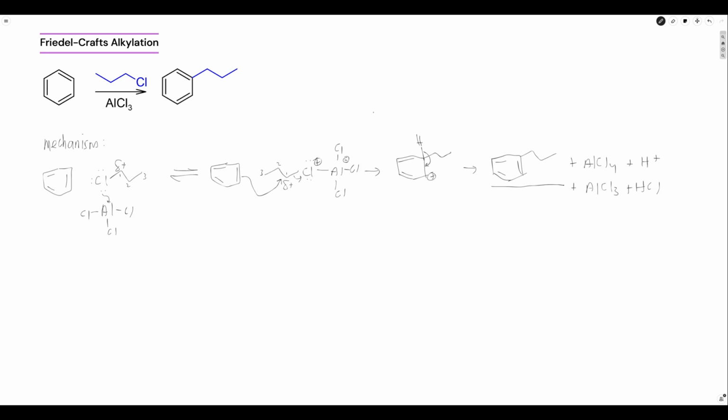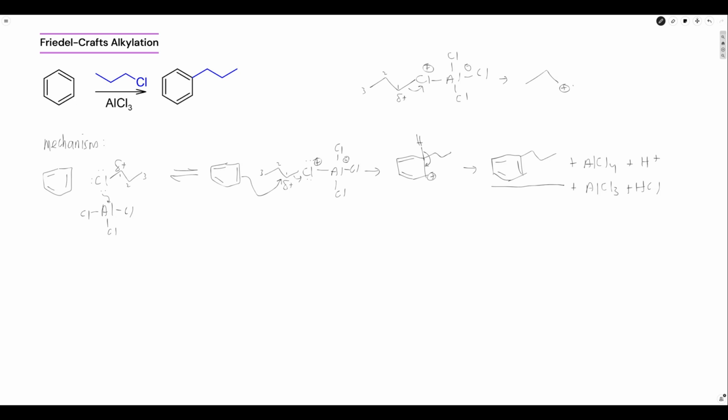Now, it's worth pointing something interesting out. Very often, you might encounter someone propose a mechanism like this. So here is our complex that I just showed below, and there's our delta positive. That's C1, 2, 3. Very often, you might see someone propose this, such that what you get is the carbocation, which is the electrophile that is attacked by benzene.